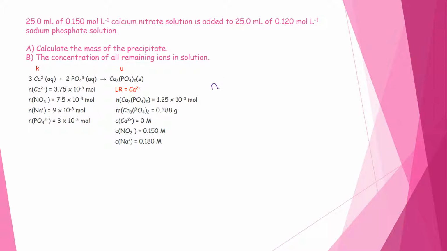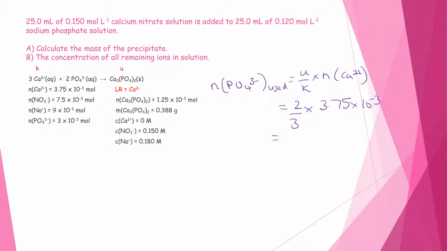So the number of moles of phosphates used will equal unknown over known times the number of moles of calcium ions, which is our known. Our unknown is 2 over 3 times 3.75 by 10 to the negative 3. And this comes out to 2.5 by 10 to the negative 3 moles.